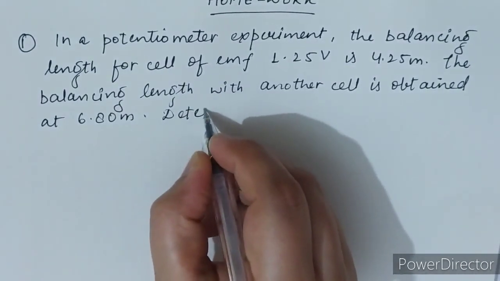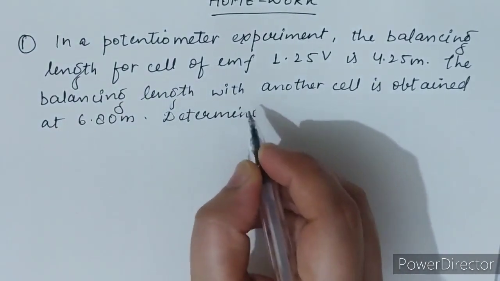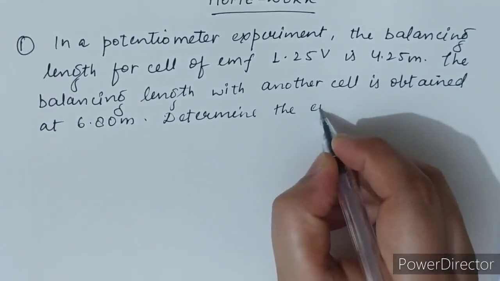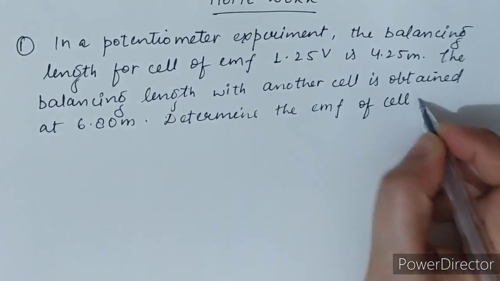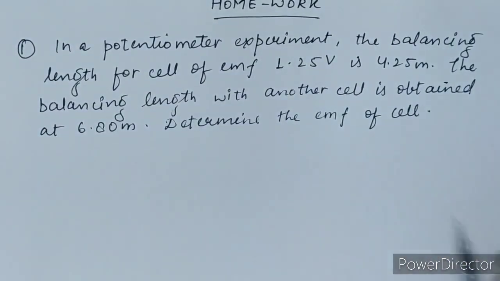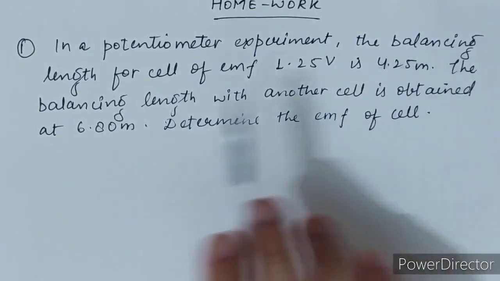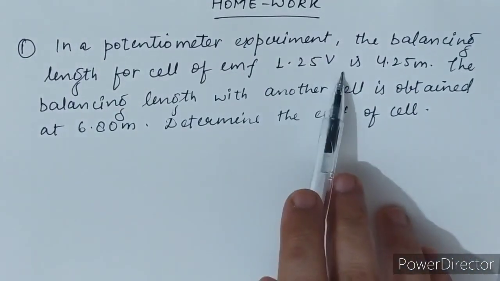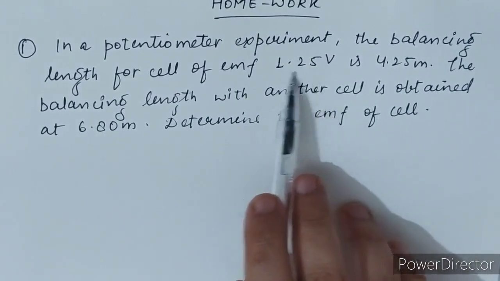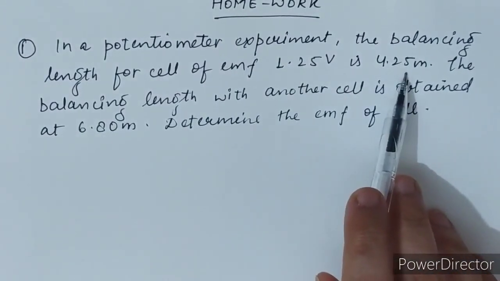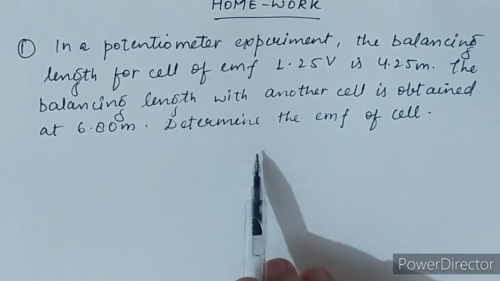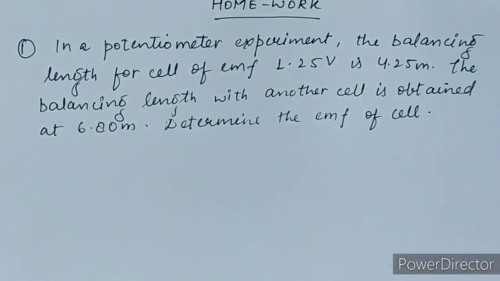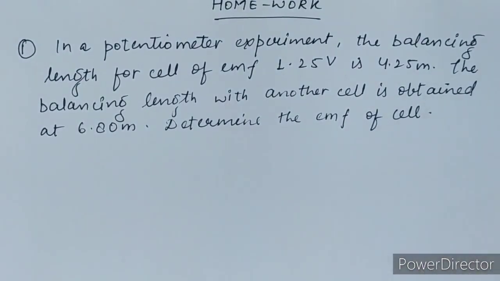Determine the EMF of the cell. Okay, so in the potentiometer experiment, the balancing length for the cell of this EMF is this. This was the EMF and this was the balancing length. The balancing length with another cell is obtained by this. What you do is determine the value of the EMF of the cell. Simple as that. Okay, and I hope you are able to solve this numerical.